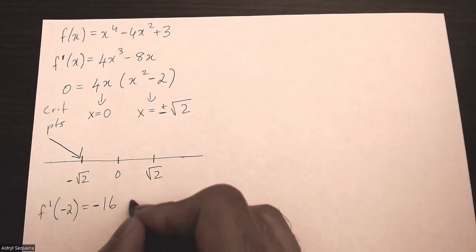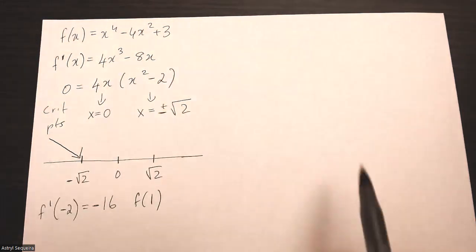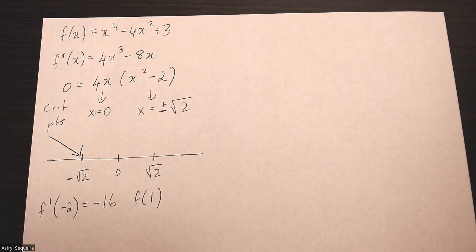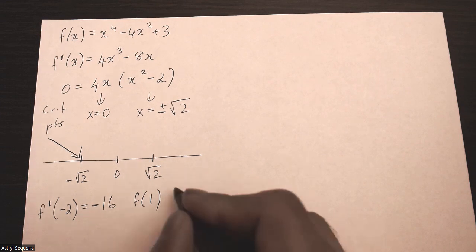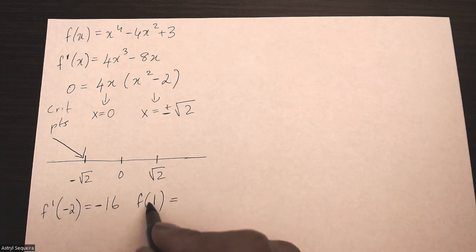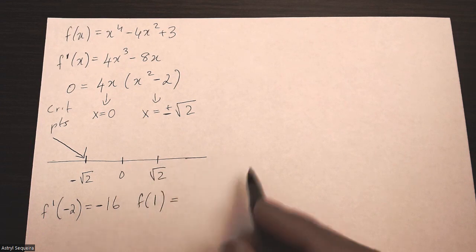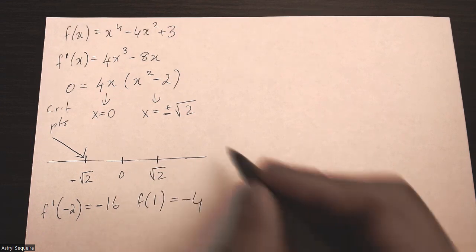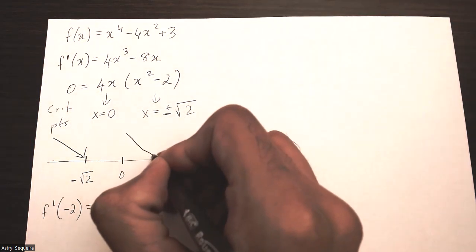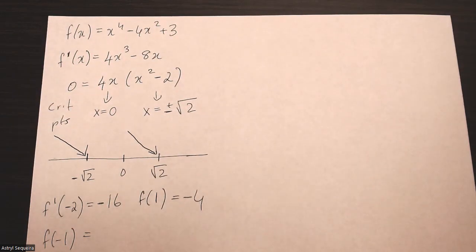Then I'll pick a value between these two. I'll pick positive 1. I sub it in this equation. Do that in my calculator. I get negative 4. Oops, I put in the value for that one by accident. 1 is between 0 and positive root 2. So I accidentally did this range first. For this range, I'll test negative 1.